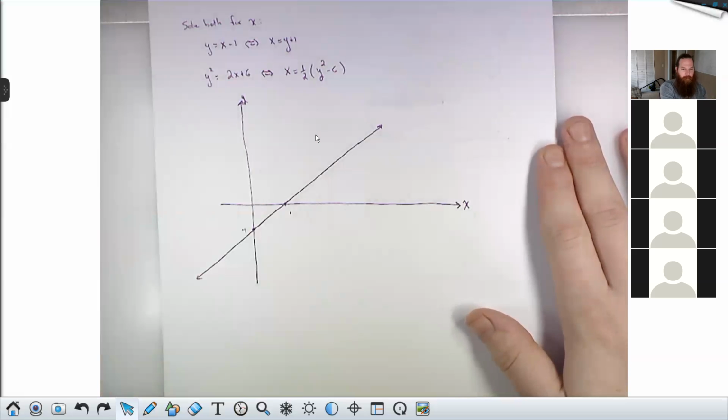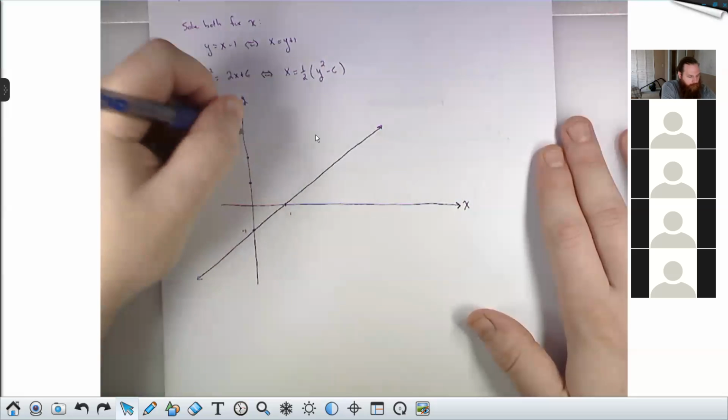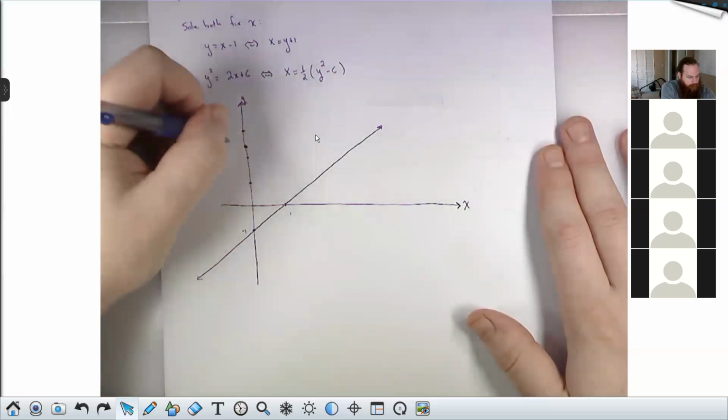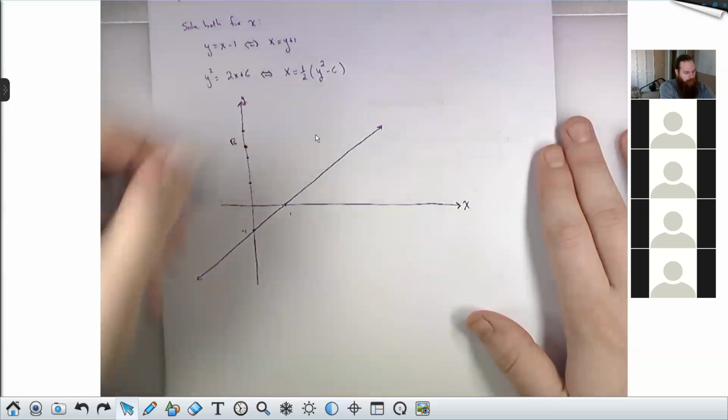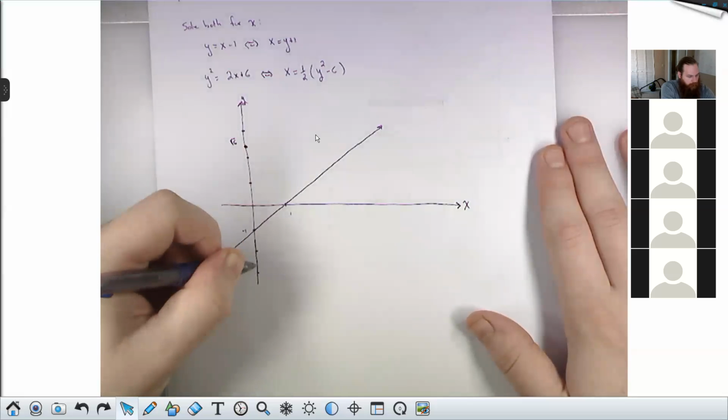Root 6 should be a little bit bigger than 2, but smaller than 3, because root 9 is 3. So 1, 2, 3. Somewhere right around here is root 6. And somewhere right around here is negative root 6.